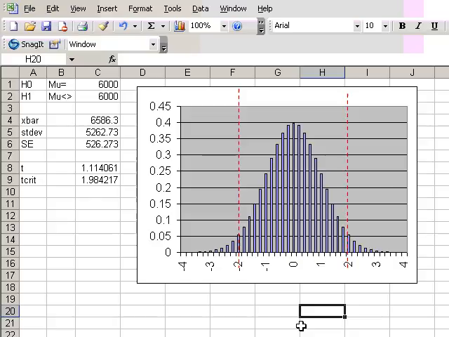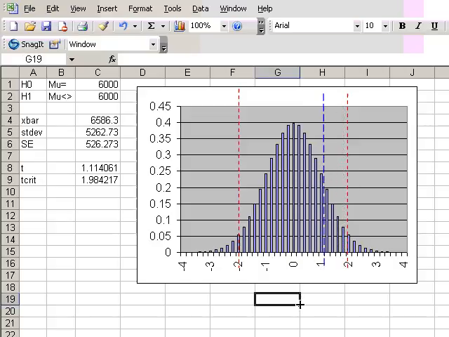Where is the t-value that we calculated? The t-value we calculated from this information using the formula on 276, 9.1, is 1.11, and it would be approximately here.